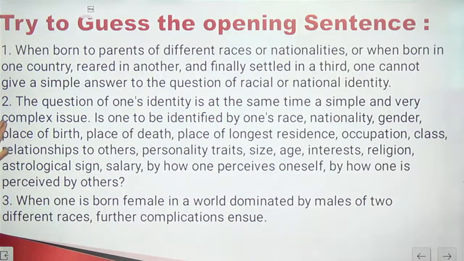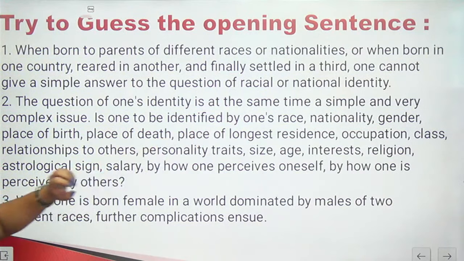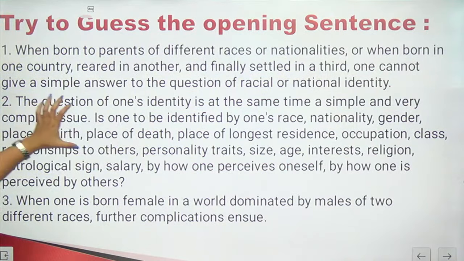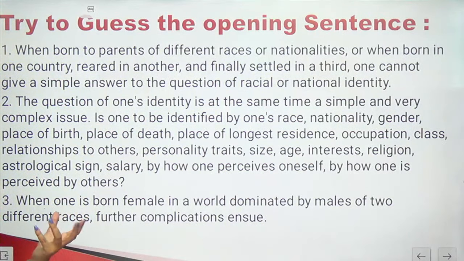The second is, the question of one's identity is at the same time a simple and very complex issue. So if you can notice in this particular sentence, this sounds generalized, right?